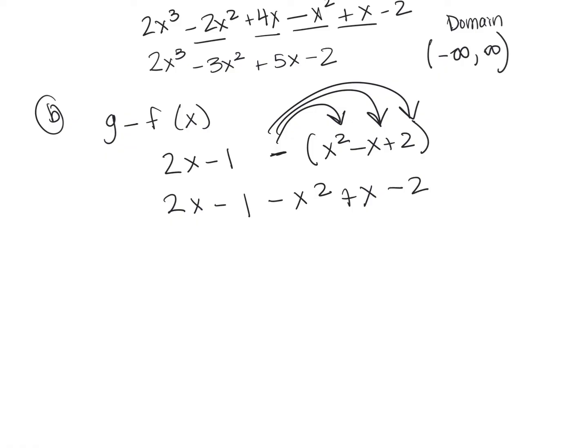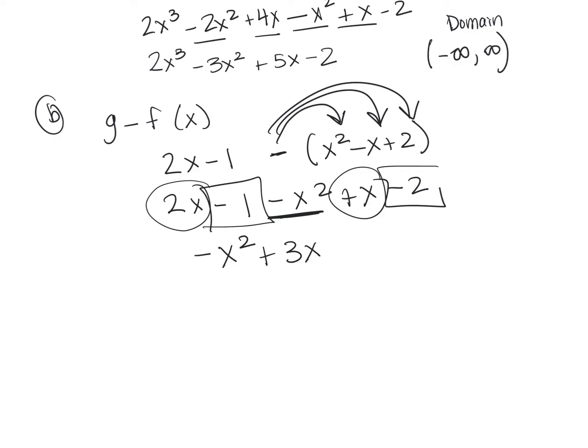And now gather our like terms. Negative x squared goes first, it's the biggest power. 2x plus x is 3x. Negative 1 minus 2 is negative 3. And the domain here is all real numbers because there's no square roots and we're not dividing by any x's, so there's no way the domain can be bad.